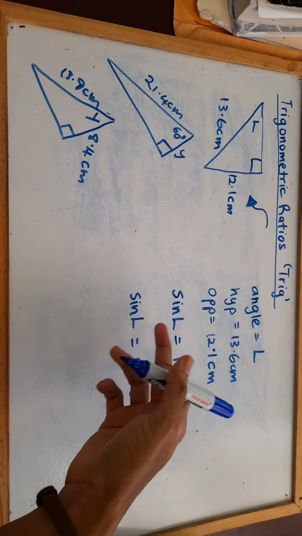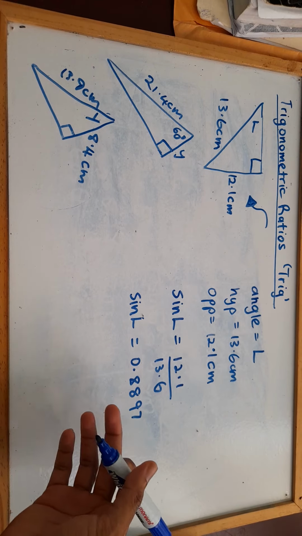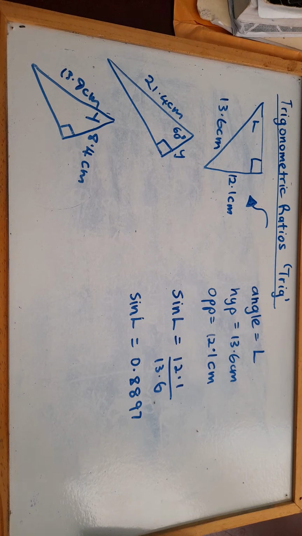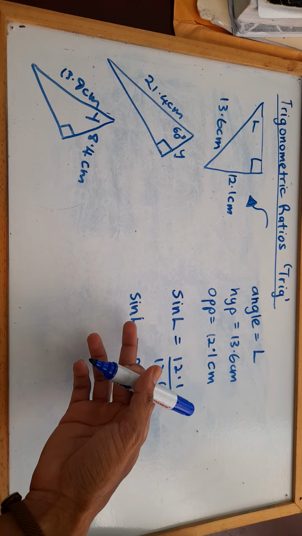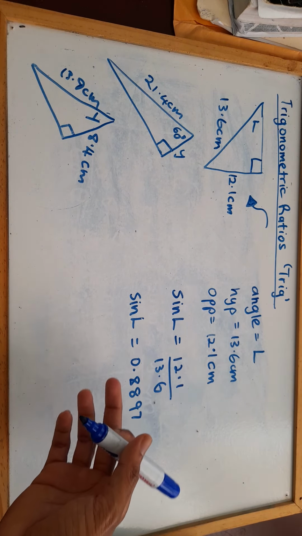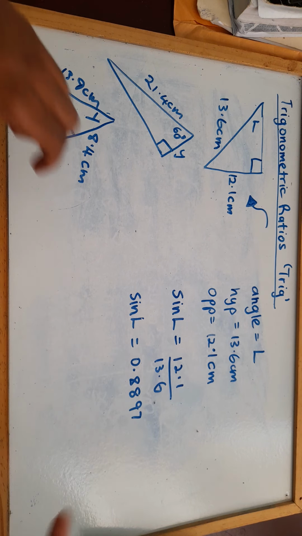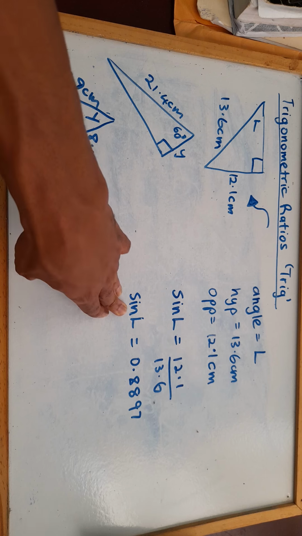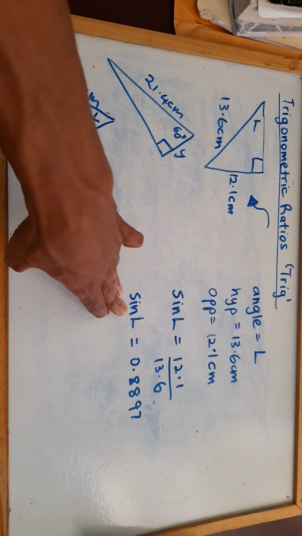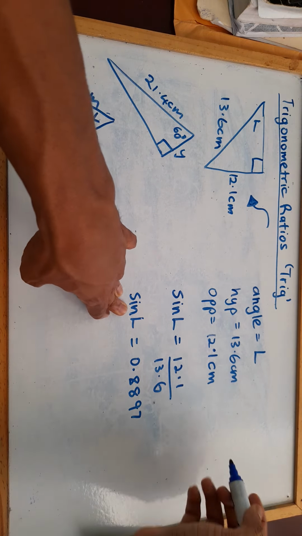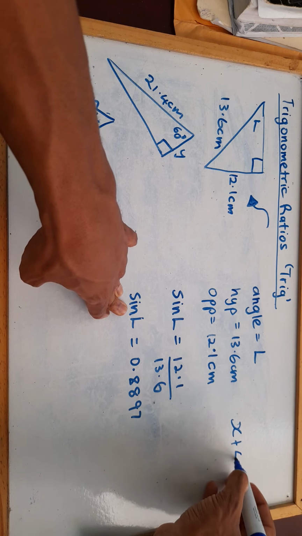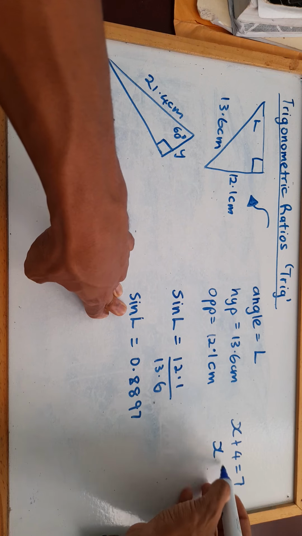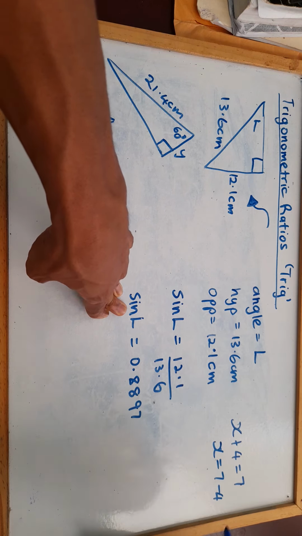Now, we want to find the angle L. Before, we were transposing the length of a side and multiplying. Now, from transposition, what we want is L, so we have to carry over the sine. As a basic recap, x plus 4 is equal to 7, so x is equal to 7 minus 4.